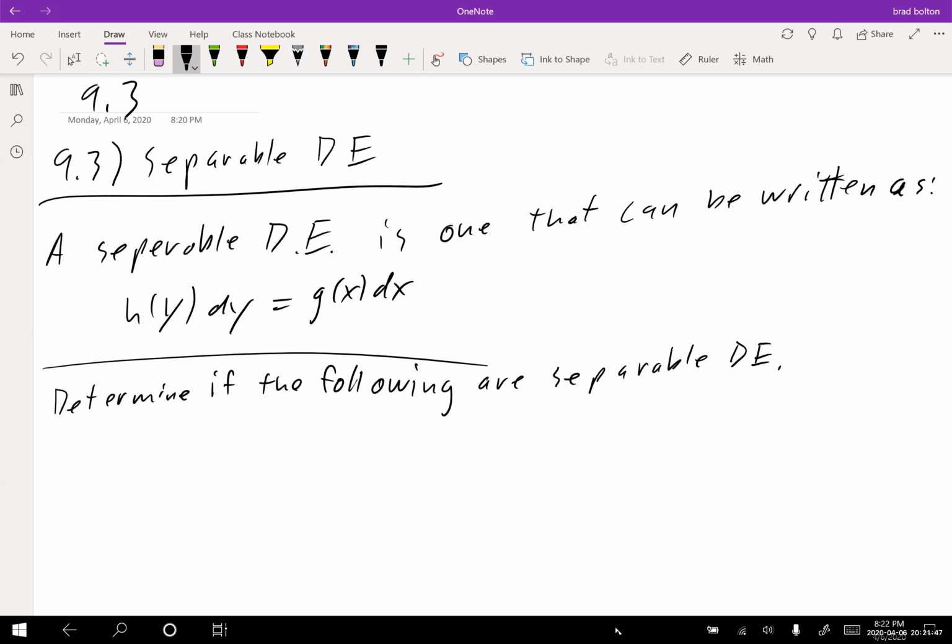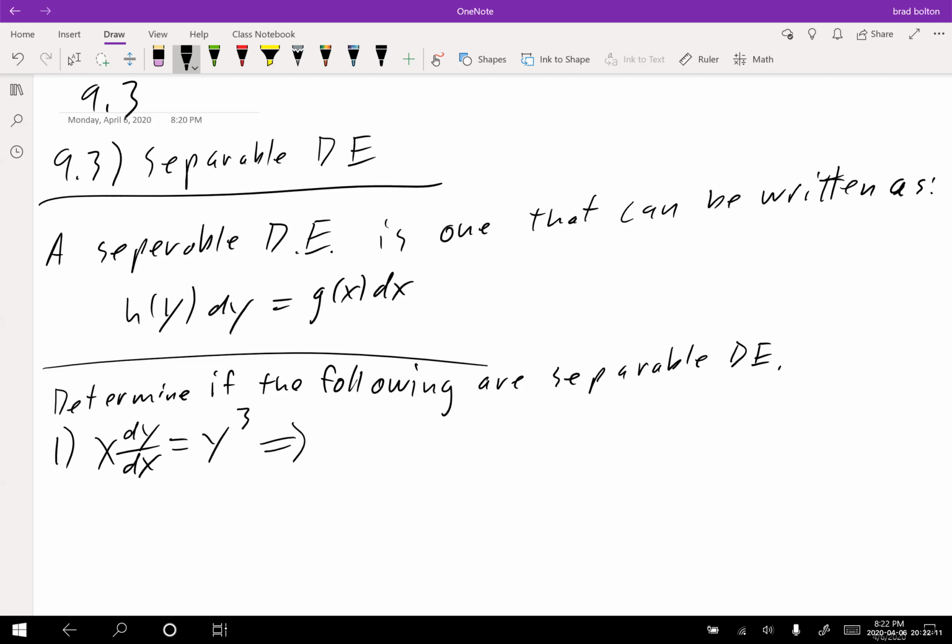Okay, so first one we have x dy/dx, and we're going to use Leibniz notation almost exclusively in this section. So whenever it's not written with Leibniz notation, you fix it and write it with Leibniz notation. In general, that's how we want to do it. So can this x dy/dx equals y cubed be turned into the form above?